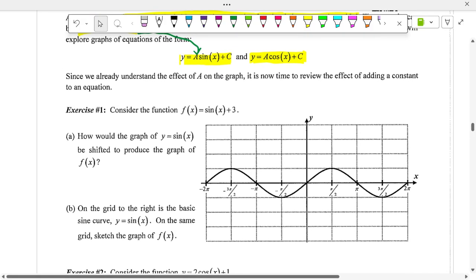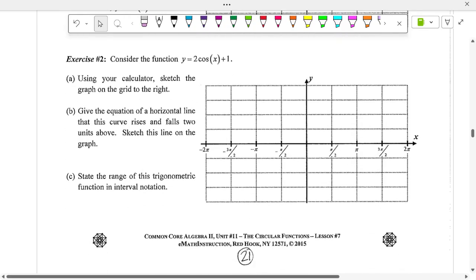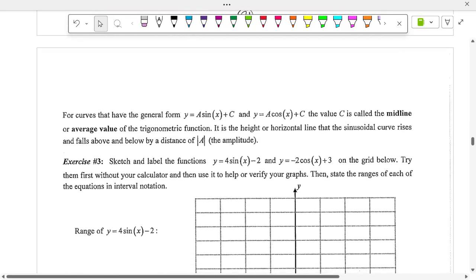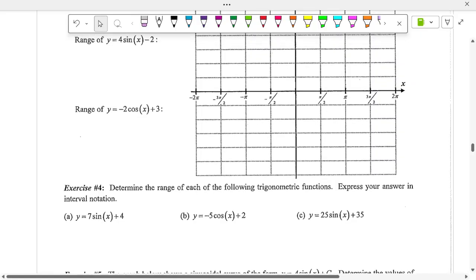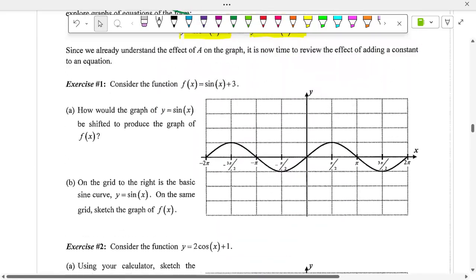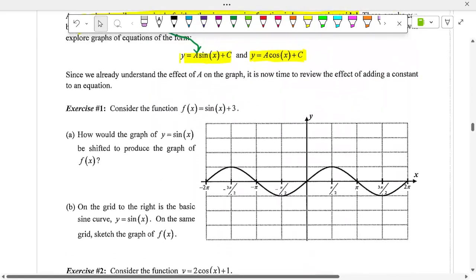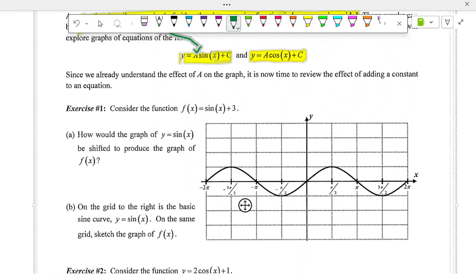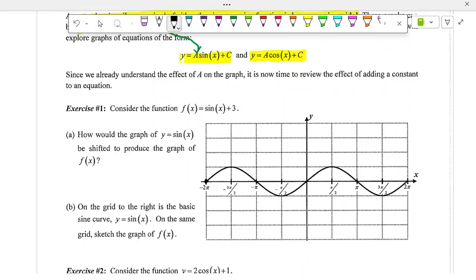So here's what we're going to do. Okay. They gave us the parent function of the sine graphed here.